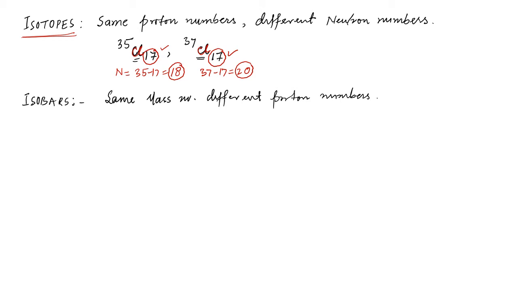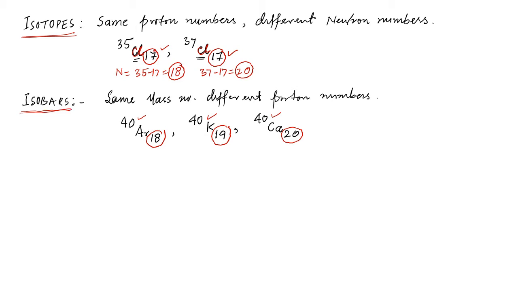For example, we have 40 argon 18, 40 potassium 19 and 40 calcium 20. All these are isobars because the mass number is the same, but the proton number is different. You can see the proton number here is 18, 19 and 20, but the mass number is the same, 40, 40 and 40. Such nuclei are known as isobars.